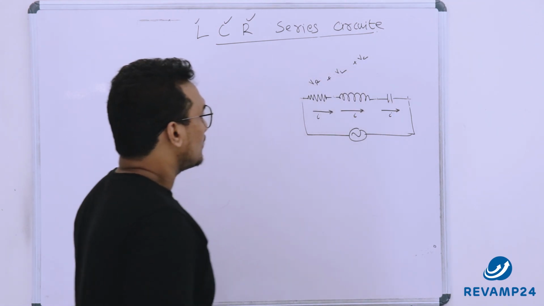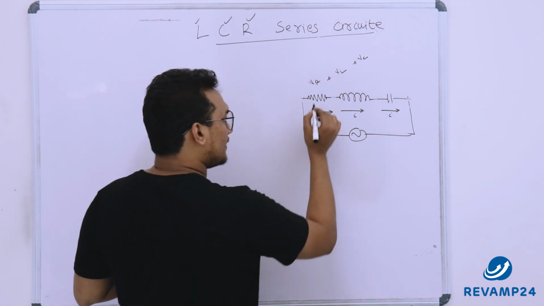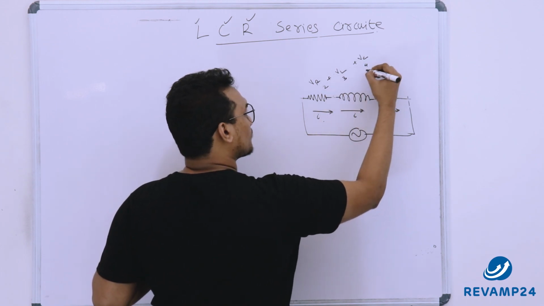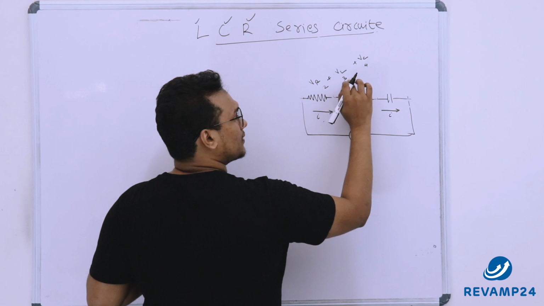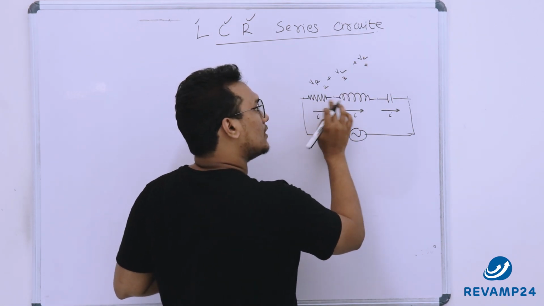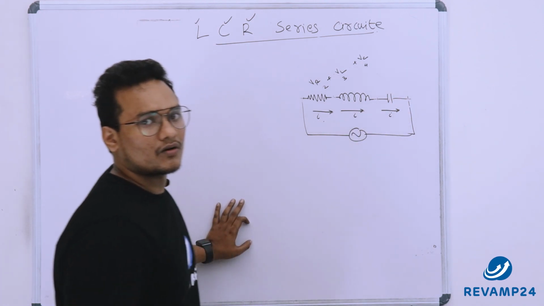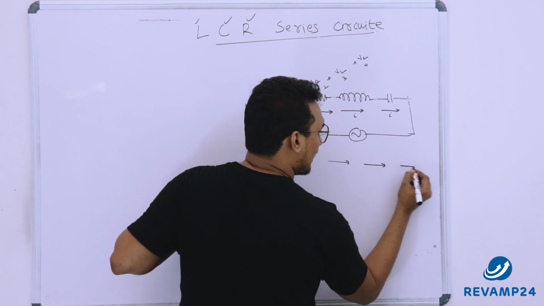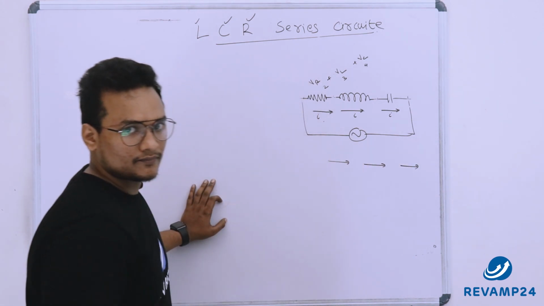Now we can't add them like numbers. For example, if this is 2, this is 3, and this is 4, we can't add 2 plus 3 plus 4 to get the final value, because we don't know whether these are in phase or out of phase. If everything is in the same phase, then I can add all these values.